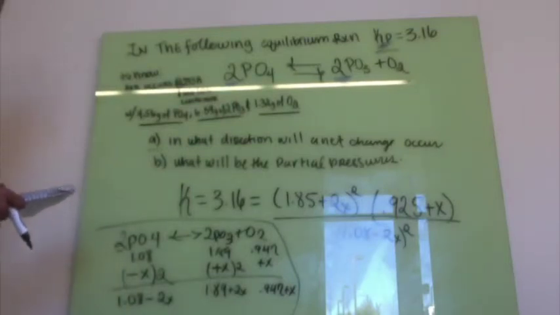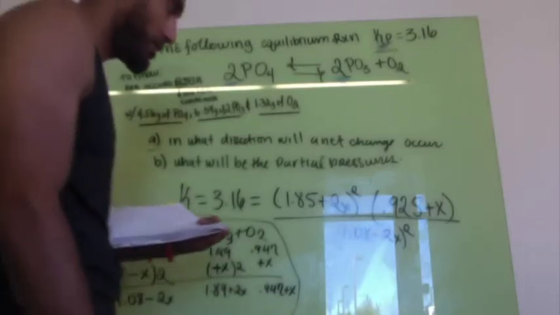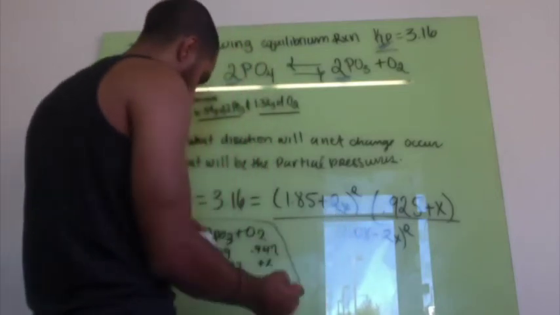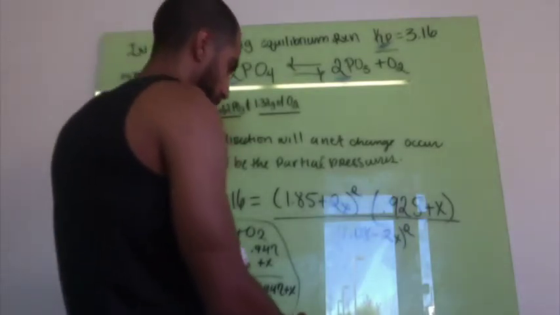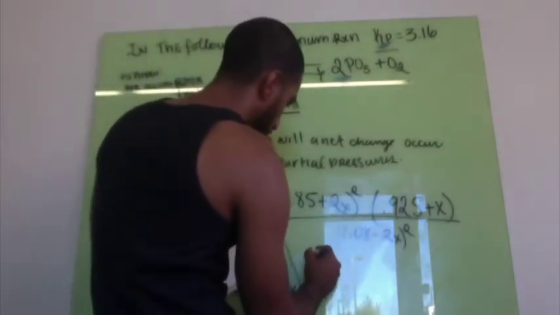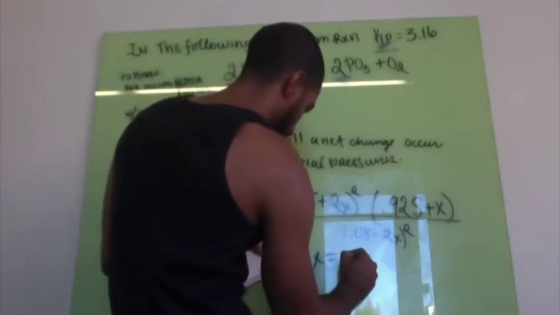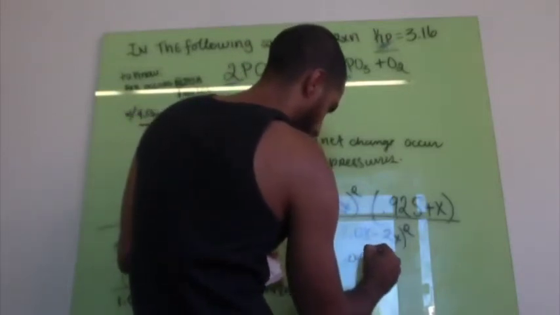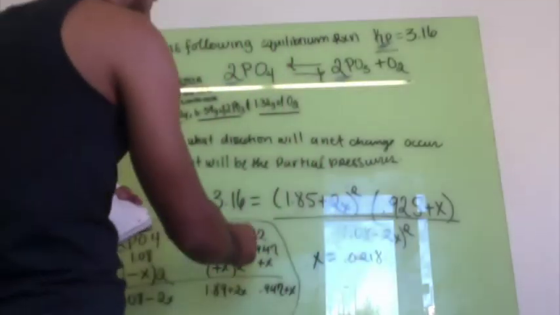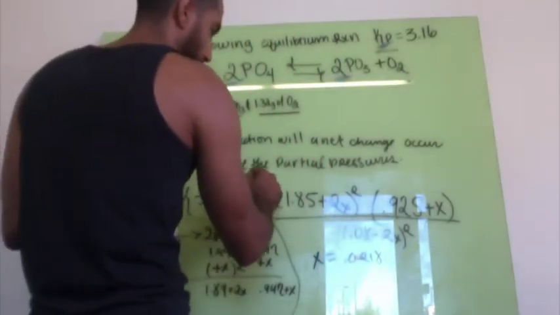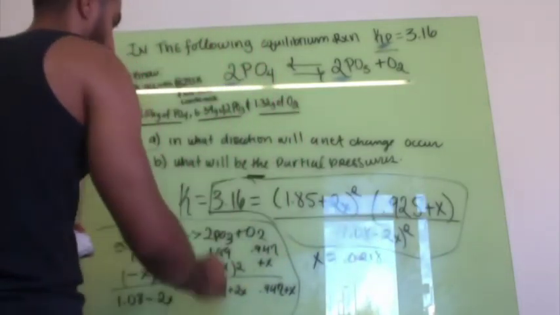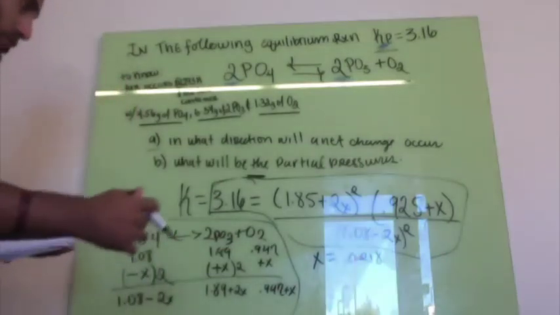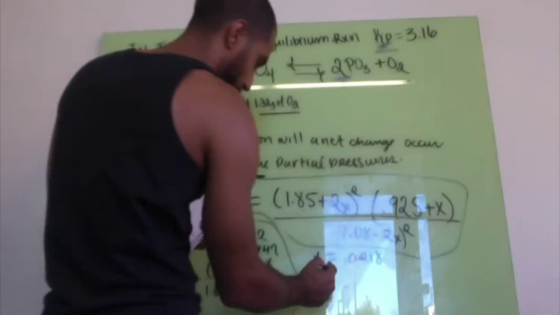From this equation, we can derive X using the quadratic equation. If you use the quadratic equation, you'll get X equals 0.0218. Put it in standard form, use the quadratic equation, and you'll get your X.